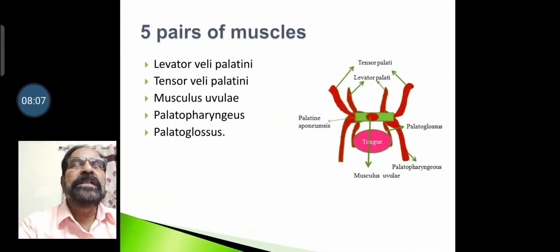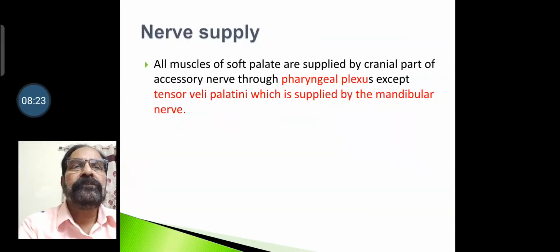There are 5 pairs of muscles: levator veli palatini, tensor veli palatini, musculus uvulae, palatopharyngeus, and palatoglossus. Nerve supply. All the muscles of soft palate are supplied by the cranial part of accessory nerve through pharyngeal plexus, except tensor veli palatini, which is supplied by the mandibular nerve.